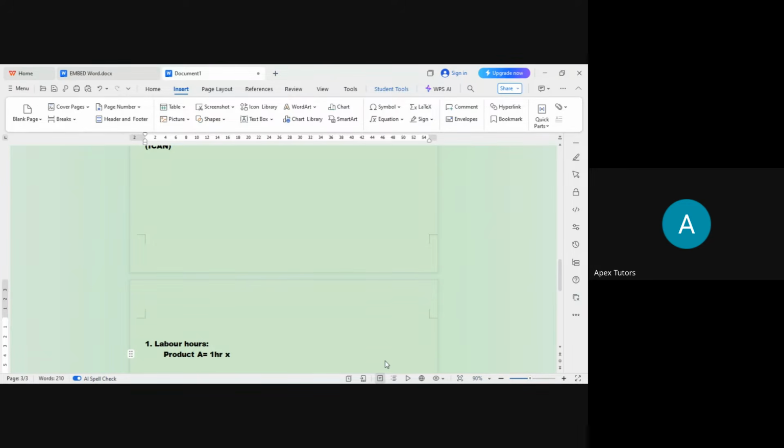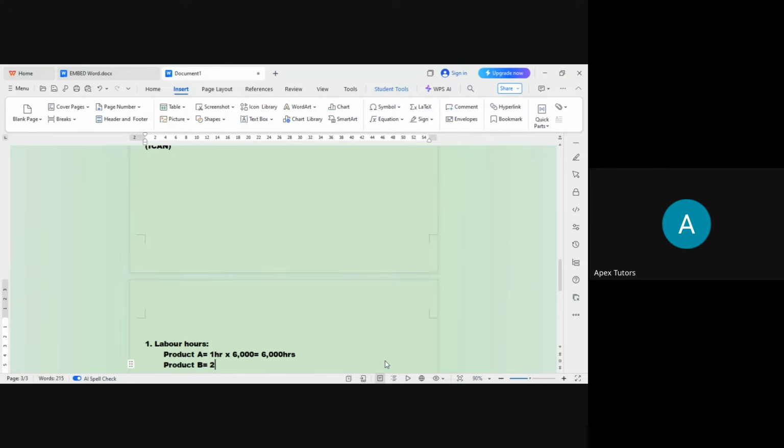And how many units do we have for product A? It's 6,000. So the total hours required to produce 6,000 units of product A based on 1 hour will be 6,000 hours. For product B, how many hours do we need per unit?